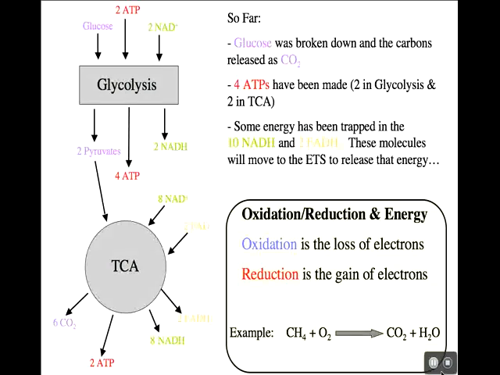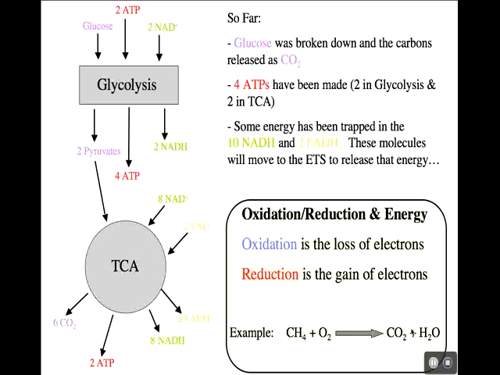Here's a reaction. In this reaction, we're taking methane, CH4, plus oxygen, and it's getting turned into carbon dioxide plus water. Now, if you follow here, we have methane getting turned into carbon dioxide. As it's changing, is it gaining or losing electrons?